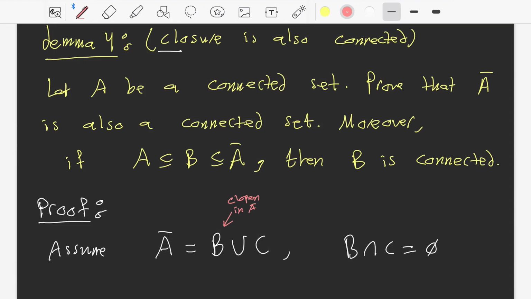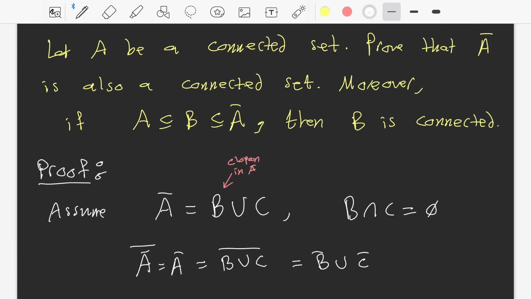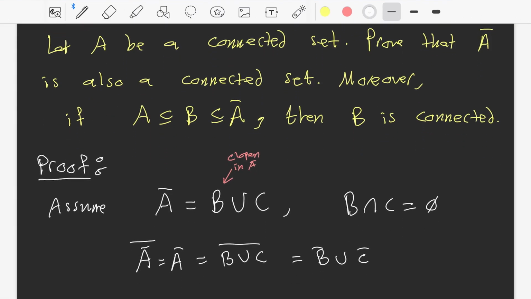Now, if we take the closure again, the closure of the closure gives me the closure of B union C, which is the closure of B union the closure of C, and this means, because B and C are clopen, this will also give me B union C, which is exactly what we have here.